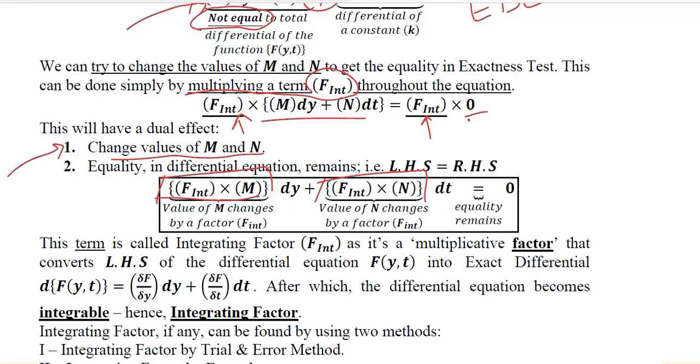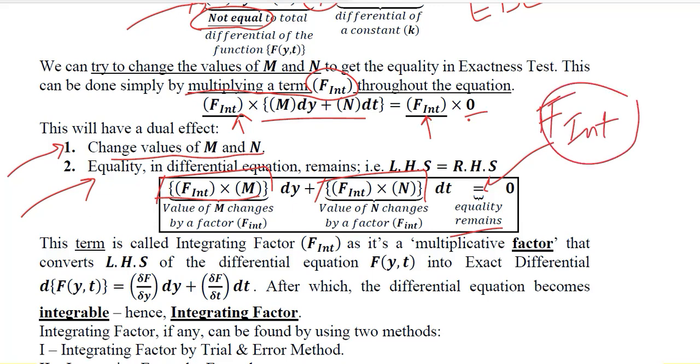The other effect is that the equality will remain there, because the integrating factor was multiplied on both sides. So equality will remain equality because the same thing is multiplied on both sides. It means that we have retained the equality.